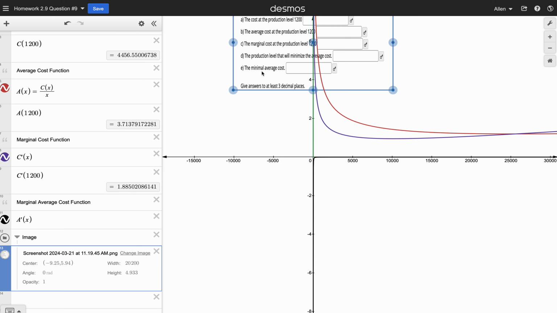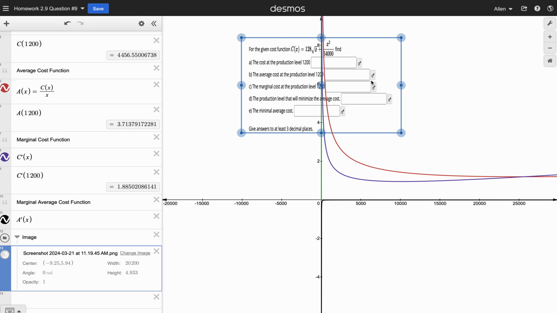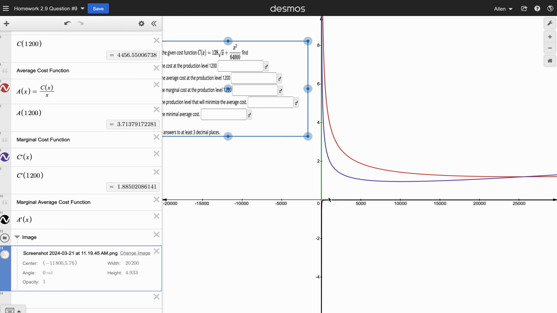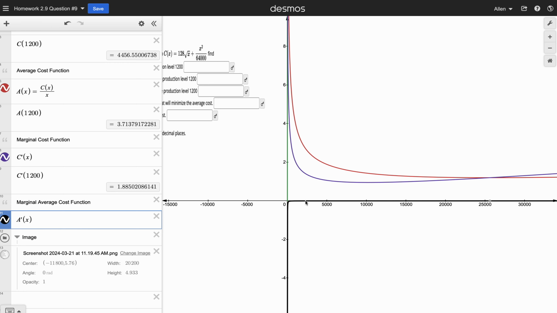We're trying to find the production level that will minimize the average cost. So we want to go from negative to positive, which is what we did. If you want to move this off the screen, you can do that. So at, what was that, 25,600? Yeah, right there. That's the value that will minimize the average cost.